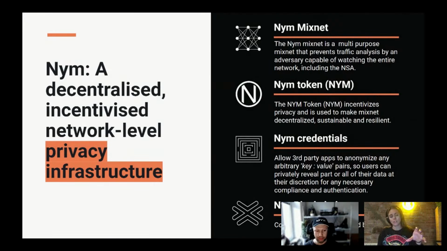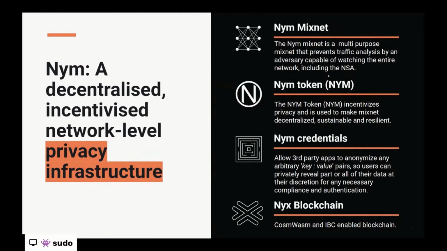I'm not going to go into the details of each of these elements again, because I assume that if you're here, you already have an idea of how they work. It was just to give you a little refresher on what we are and how we're structured. Next slide, please, Sudo.